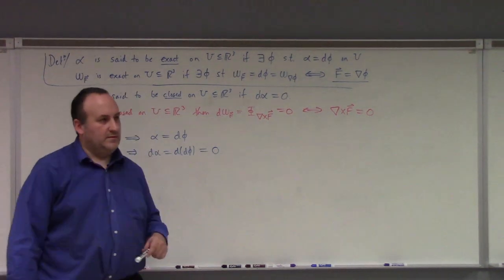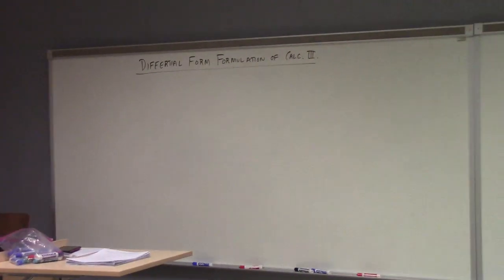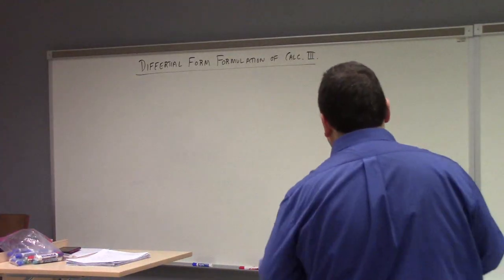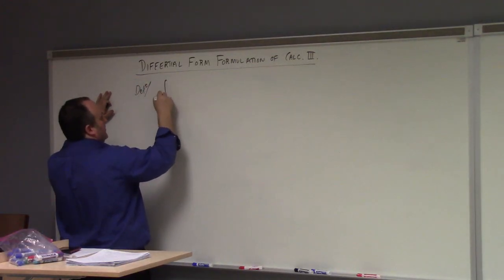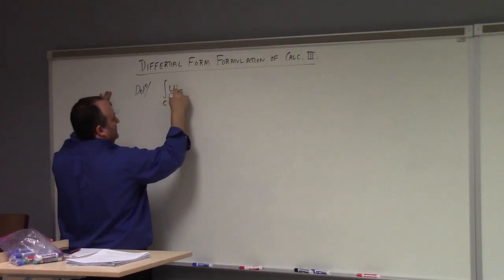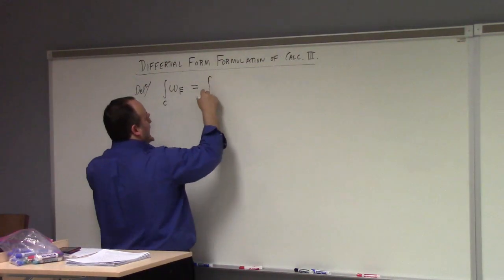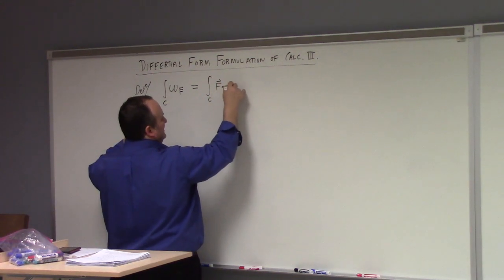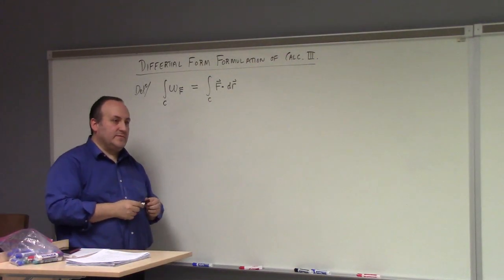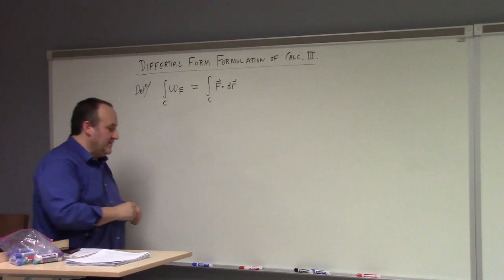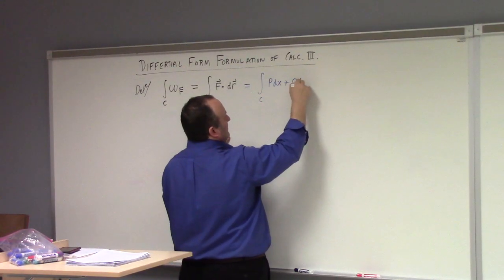What's the integral of a one form, for example? For us, this is a definition. The integral over a curve of the work form corresponding to a vector field is equal to the line integral of the vector field. That's it. And incidentally, that already comports with the notation we've used, because we already wrote that this is equal to the integral over the curve of p dx plus q dy plus r dz.